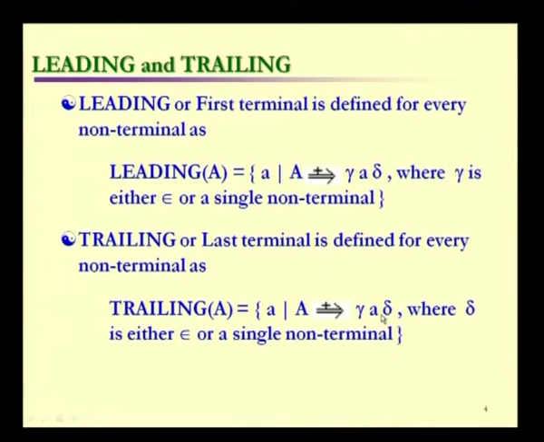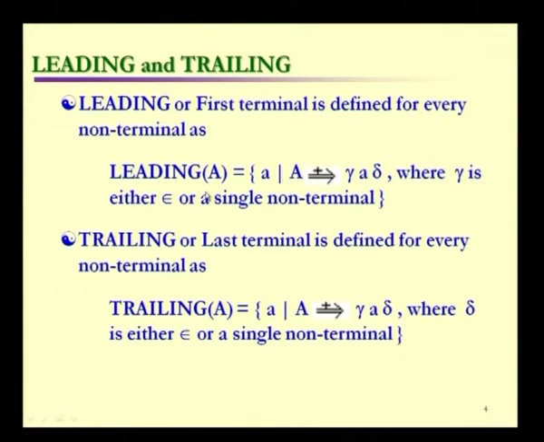Whether we get a terminal directly or after a single variable, that terminal is going to be in the trailing set of A. Once again, there is no need to look into the third symbol, since we cannot allow two consecutive variables on the rightmost end or even on the leftmost end. So, this is how we compute the two sets.